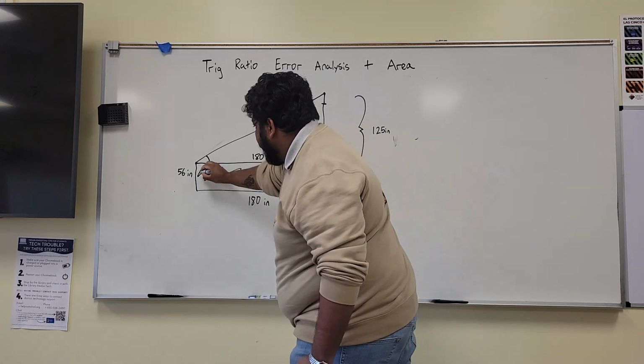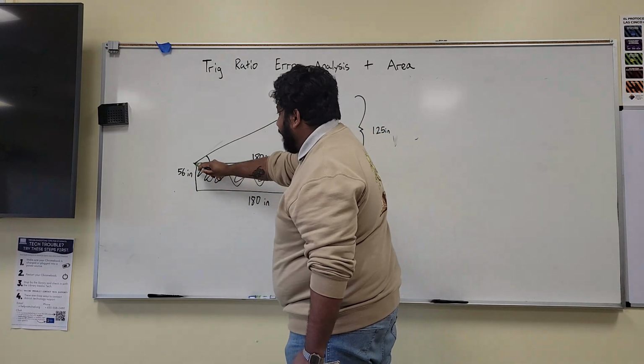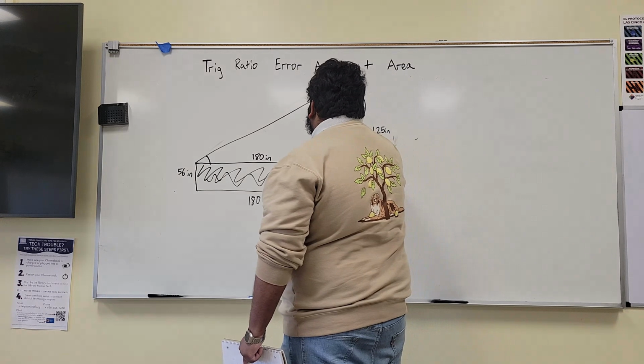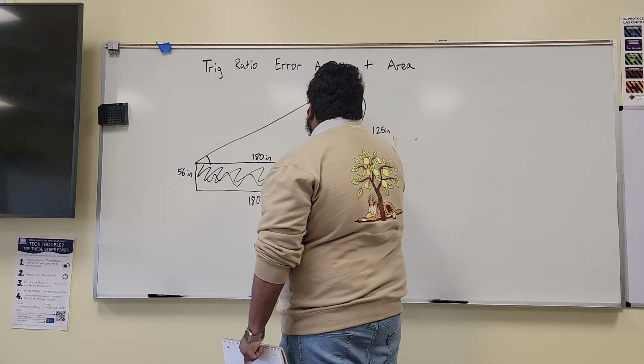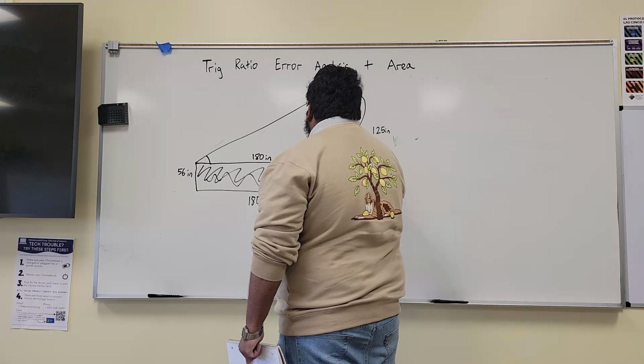So we don't care about this distance from the ground. We're only caring about the distance from my arm to that topmost point. So this distance is 125 minus 56, which is going to equal 69 inches.